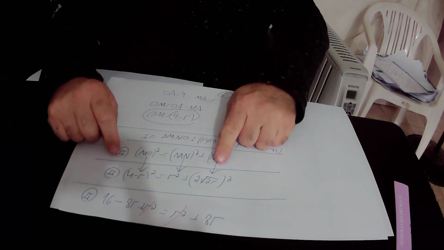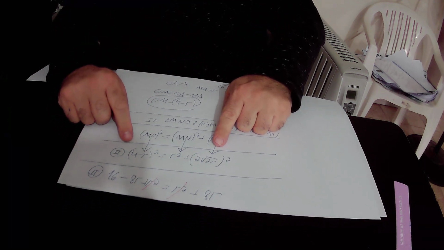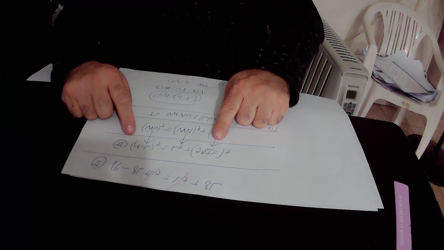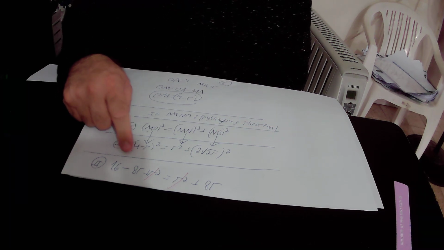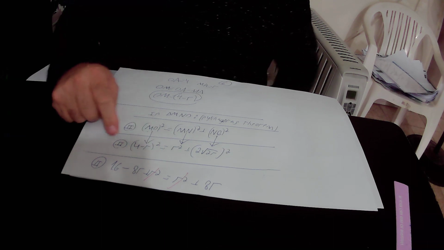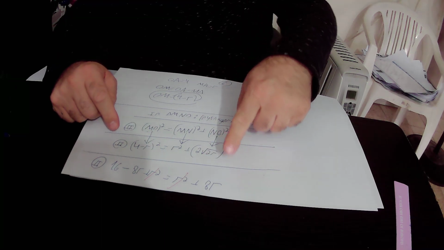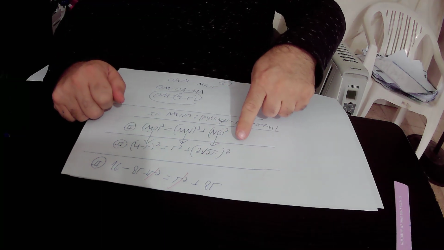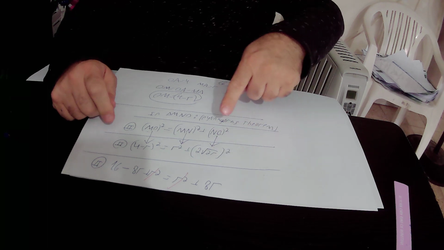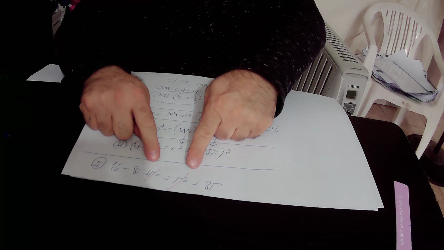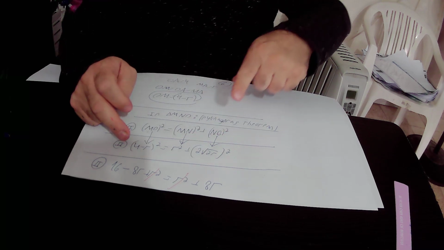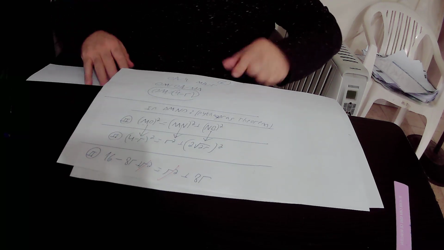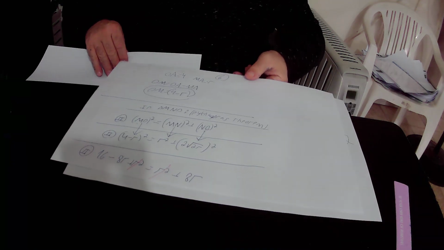So here we open the brackets on both sides of equation number 2, and we got that 4 minus R square equals 16 minus 8R plus R square, that equals R square plus 8R, because 2 times square root of 2 square equals 8R. So here we have R square on both sides of equation number 2, so R square will get cancelled.